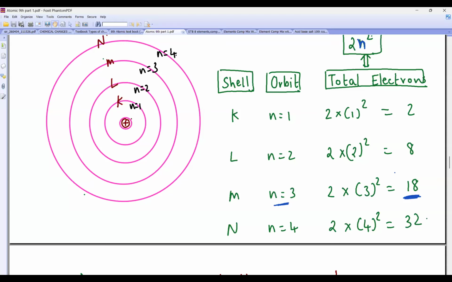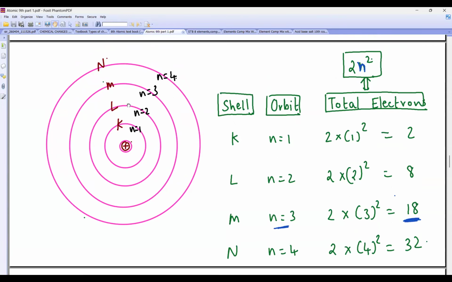You will write this with a free hand diagram. Yes, you can have infinite shells. If after N there was an O shell, it would be 2 into 5 square.